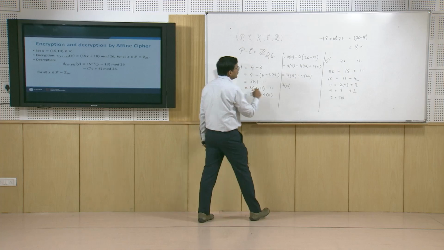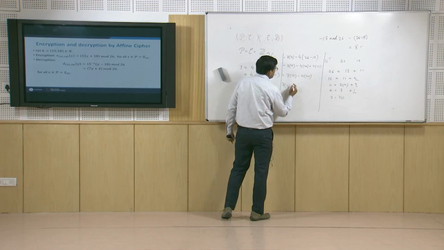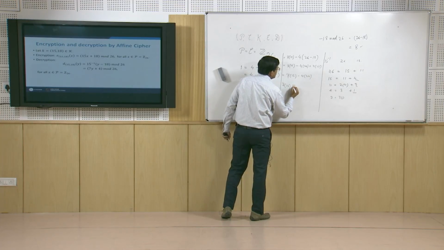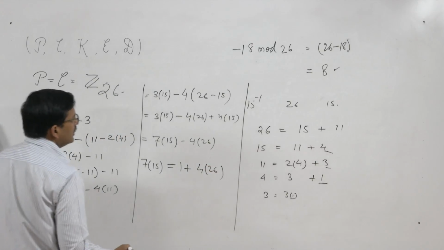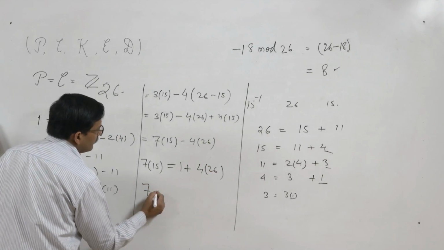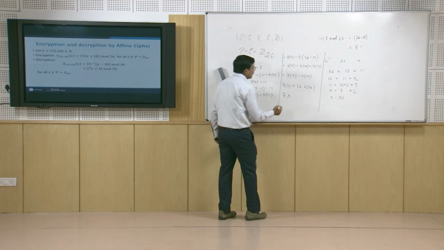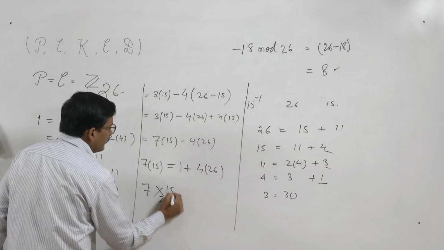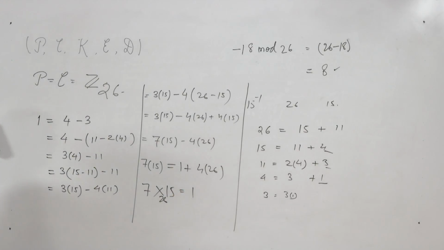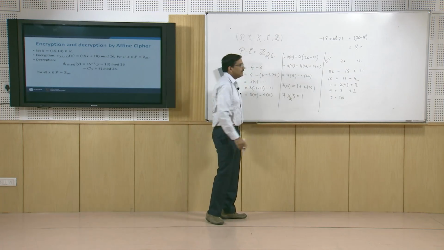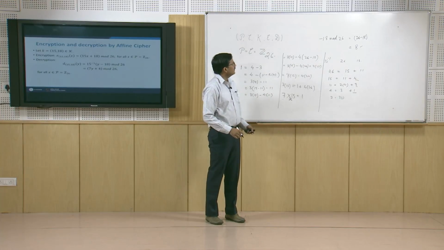Well, I transpose this part to the other side. So, this is equal to 1 plus 4 times 26. So, I have something like this, and therefore, I can safely write that 7 multiplied modulo 26 with 15 is equal to 1. So, 7 is the inverse of 15 modulo 26, and that is what we get.